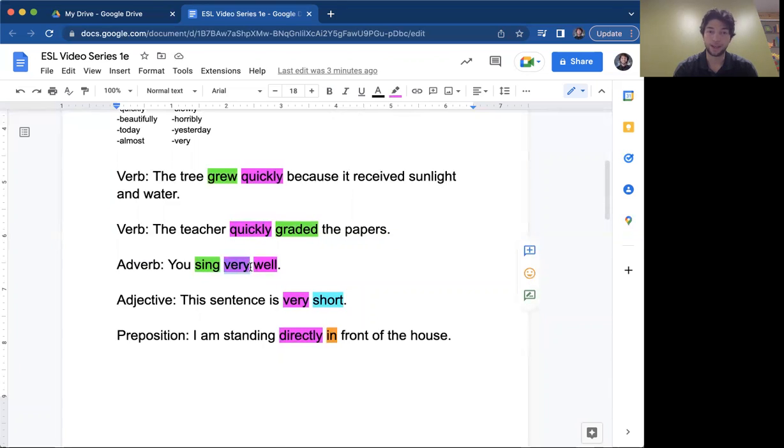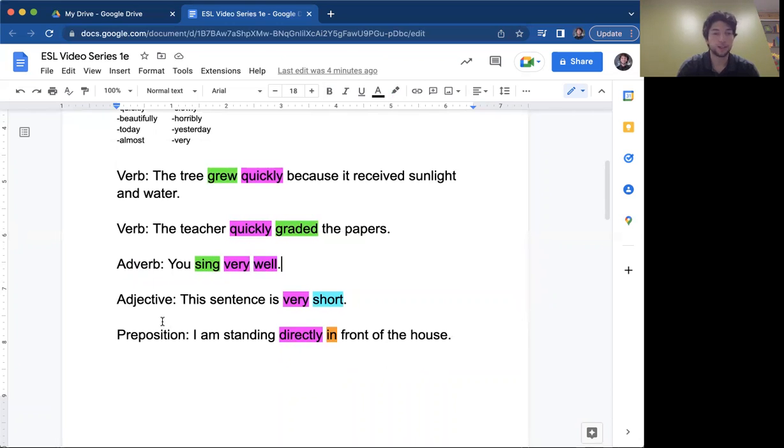It modifies the other adverb well. So our chain of modification goes: very modifies well, and then well modifies sing, right?